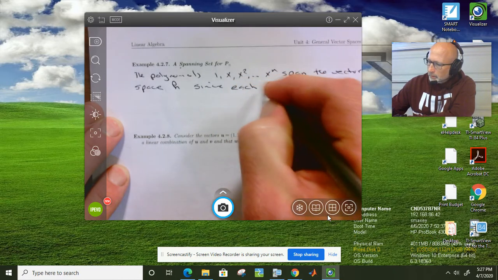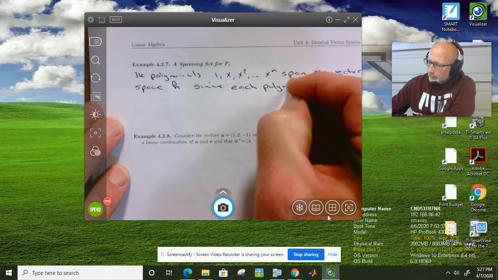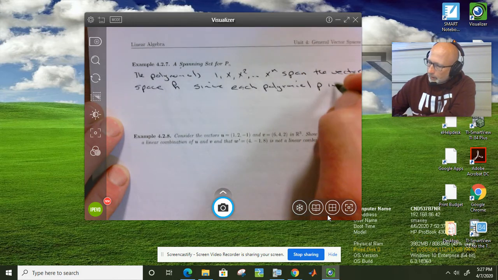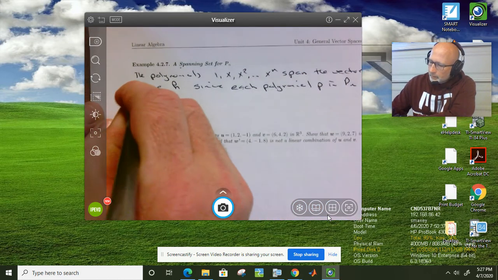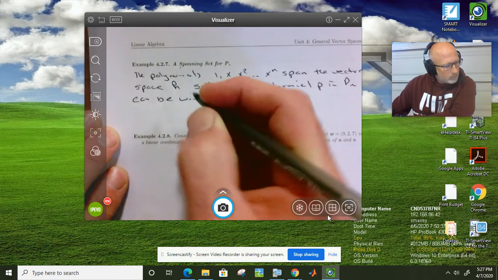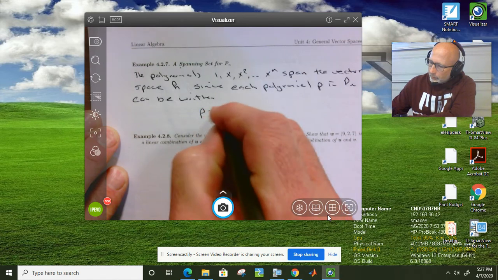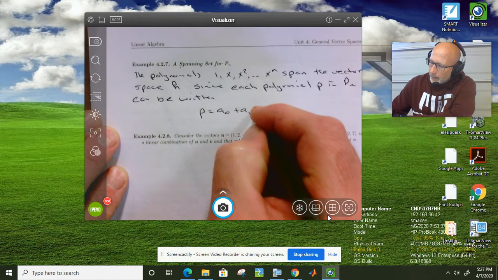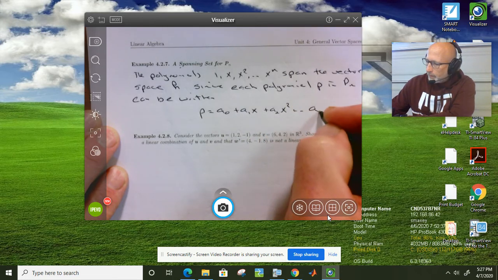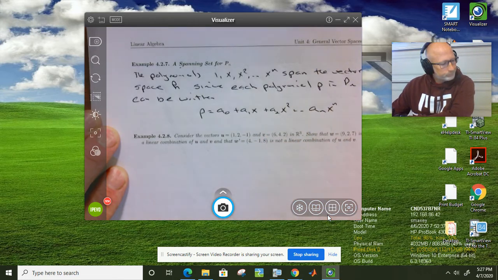each polynomial p in Pn can be written as p equals a0 plus a1 x plus a2 x squared plus all the way up to an x to the n.